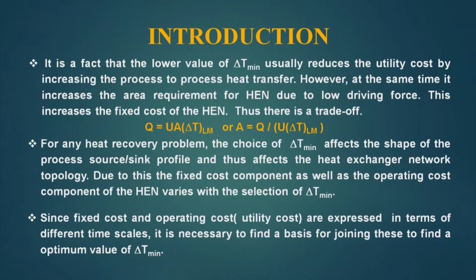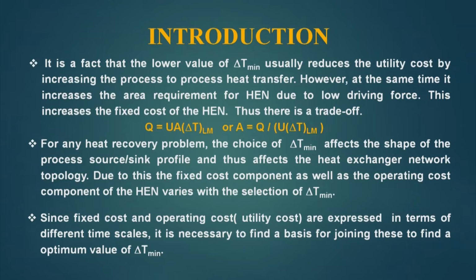That means, when we are decreasing the delta T minimum, we are decreasing the utility cost, but at the same time we are also increasing the fixed cost of the HEN. Hence there are two opposite forces working when we change the value of delta T minimum, and thus it calls for optimization.